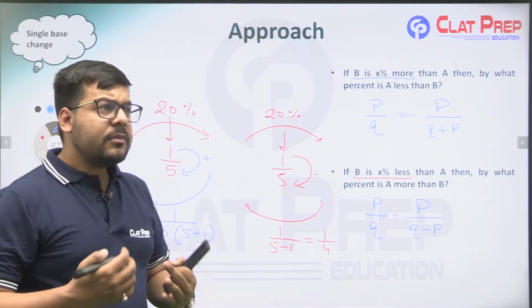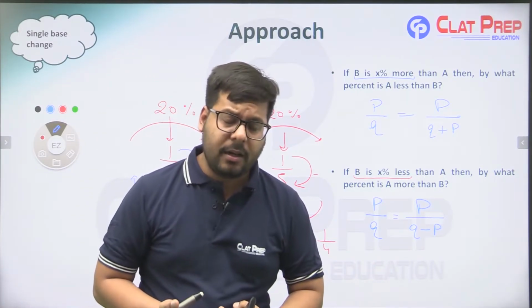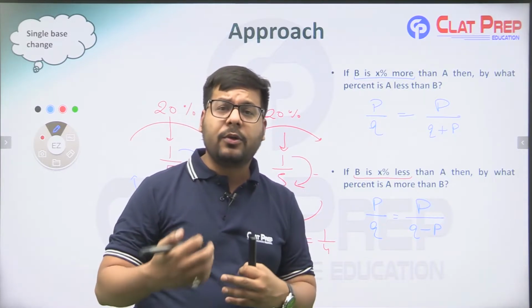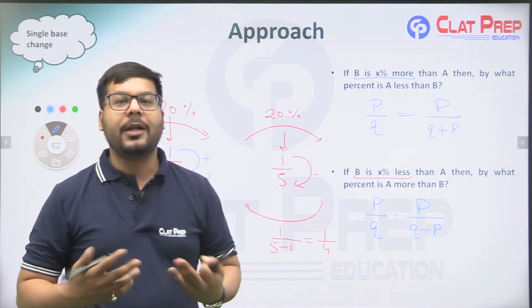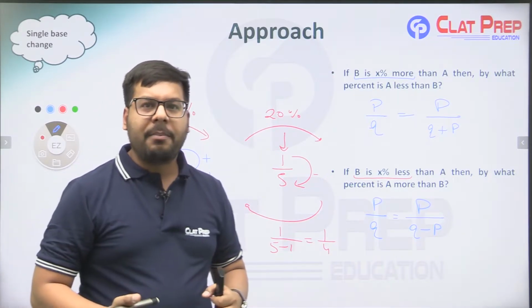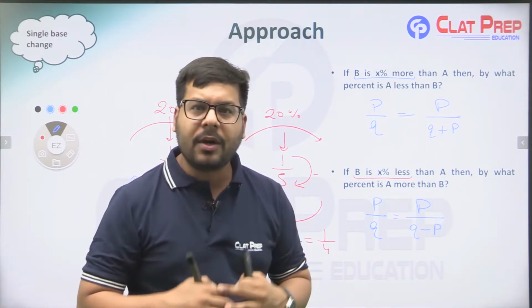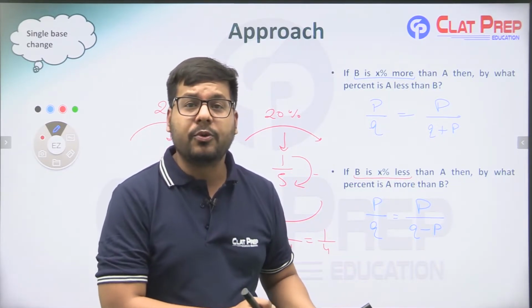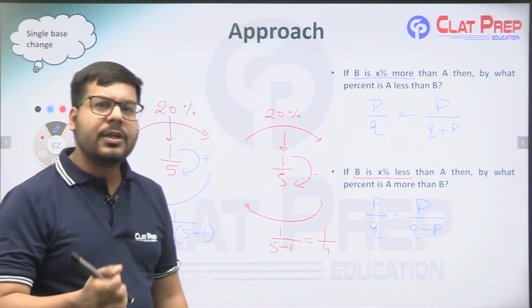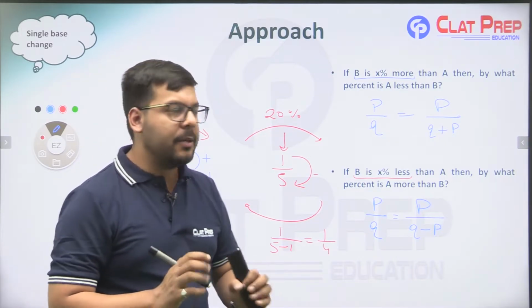Okay, now understanding the concept is one thing, knowing the trick to do it very quickly is another thing, but the most important thing is where to use it. A lot of times what happens is, we know the concept, we know the tricks to do it, but we fail to understand where it is supposed to be used. So let's look at the usage of this simple concept, that is single base change.